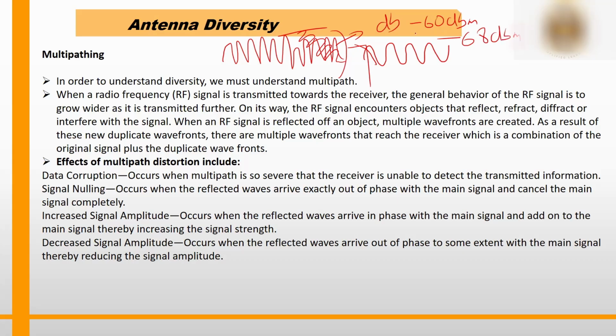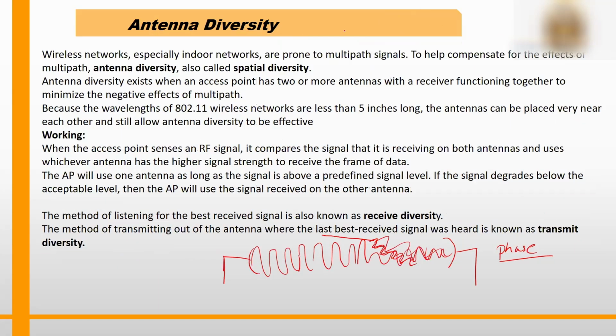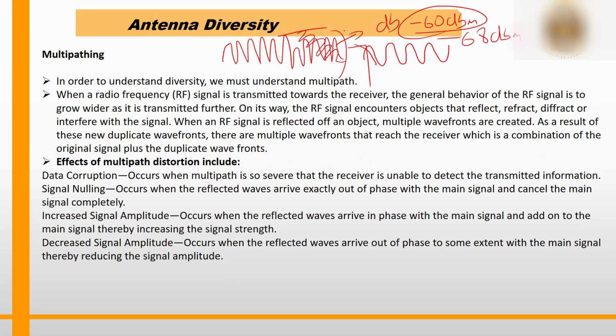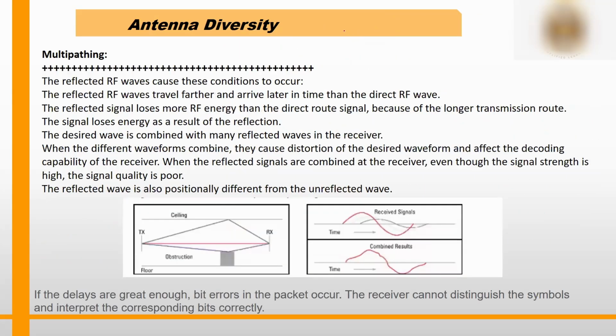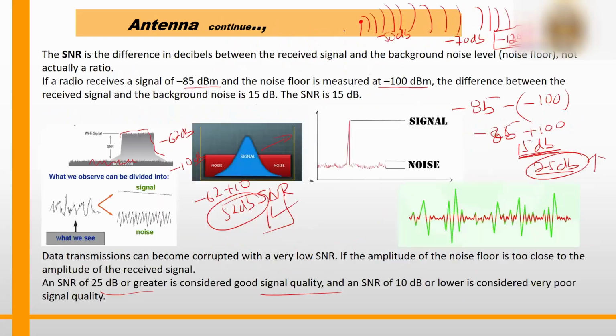It will choose the first one because it has the best signal. That is called antenna diversity, also receiver diversity. And transmit diversity is when it receives the signal at minus 60 dBm. So that's the receiver diversity. But before going to that, let's see this.